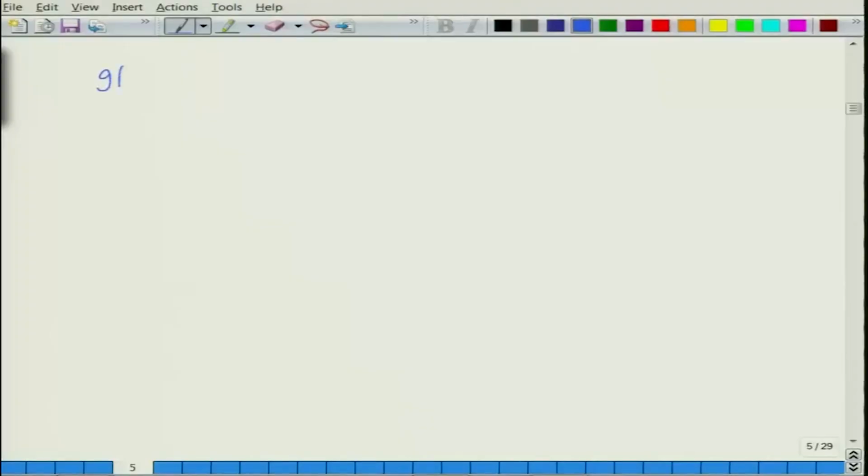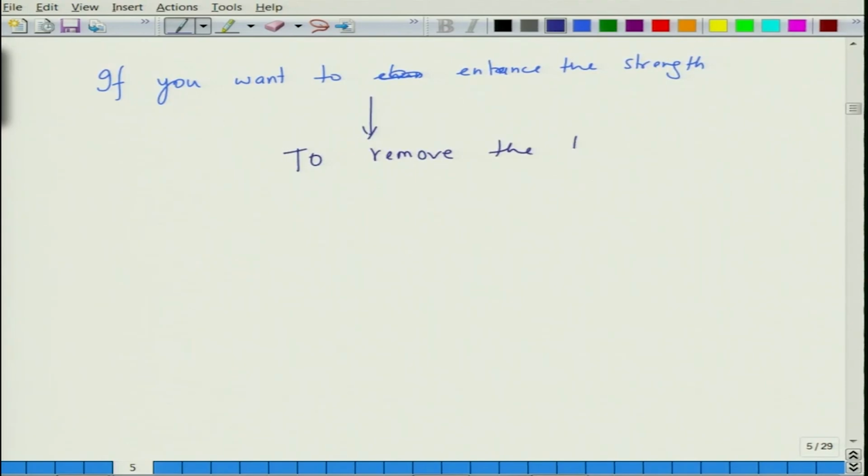What it tells you in another way is that if you want to enhance the strength, one of the recipes is to remove the dislocations or defects, and this is what we basically do in something called a whisker.